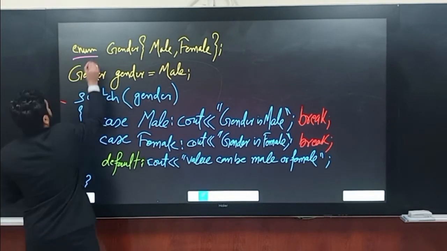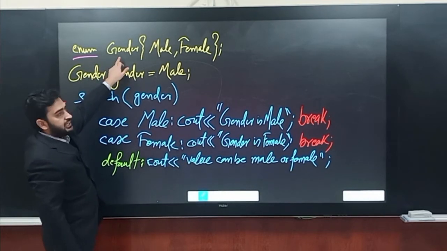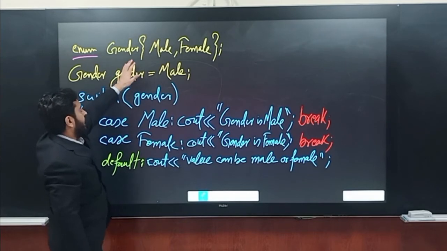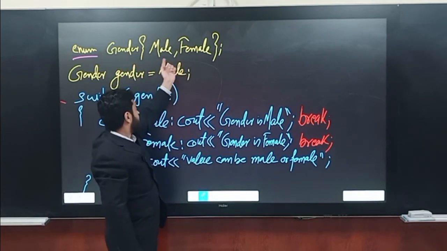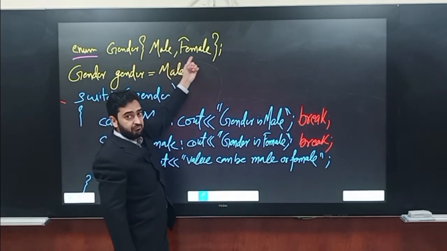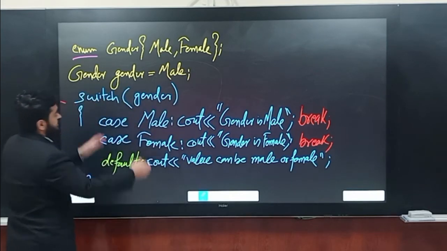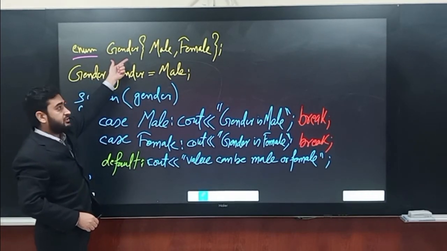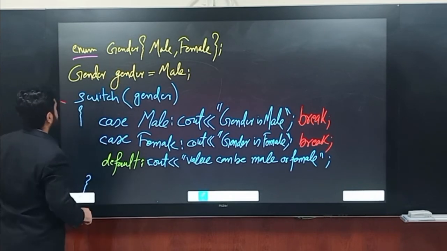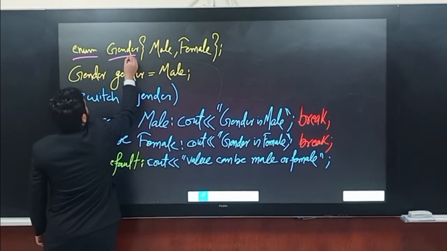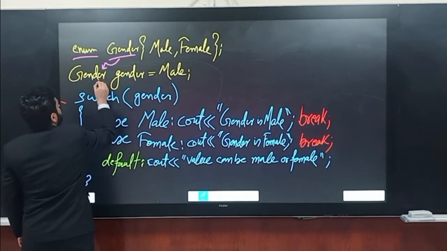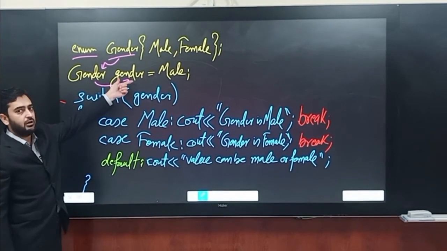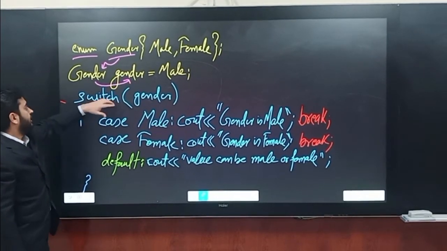Here you can see enum. Then we name that enumeration gender, with a capital G, and then we provide the set of values, male, separated by a comma, female. So this is the set of values where we have defined an enumeration with the name gender. And that gender has been used for the declaration of a variable, an identifier.